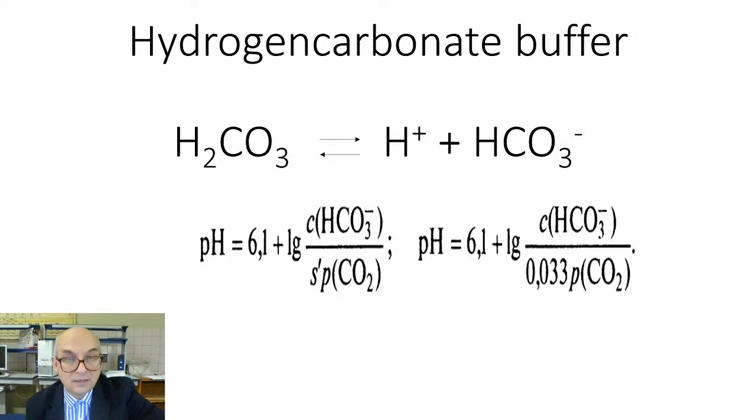At the bottom of the slide, you can see the Henderson-Hasselbalch equation for this mixture. 6.1 is the negative logarithm of the first ionization constant for normal conditions, it means for 37 centigrade.